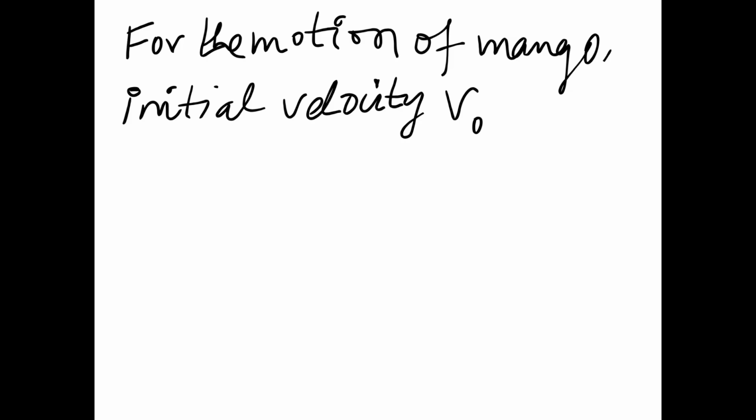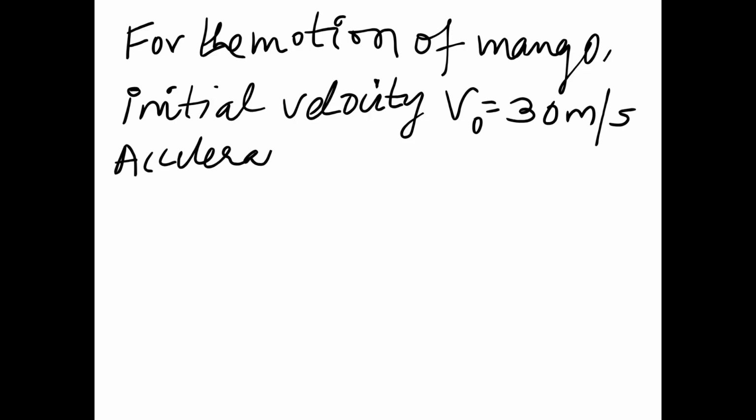That is given in the question, you can refer back: 30 meter per second. The mango is thrown upwards from the bottom of the building with a velocity of 30 meter per second. So v naught is 30 meter per second. And what about acceleration?